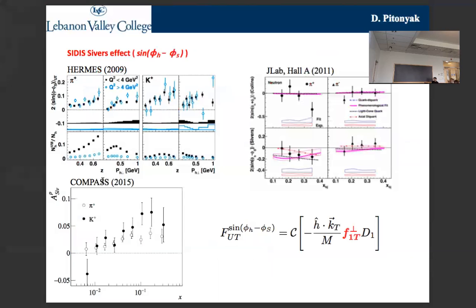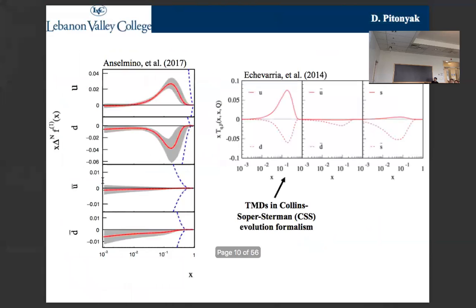We've also seen this data for the Sivers effect in SIDIS from HERMES, COMPASS, and JLab, where we get at this convolution of the Sivers function and the unpolarized function D_1. What has been done is to analyze this data and extract the Sivers function from it. These are more recent extractions.